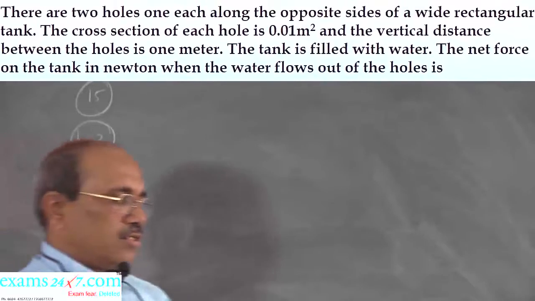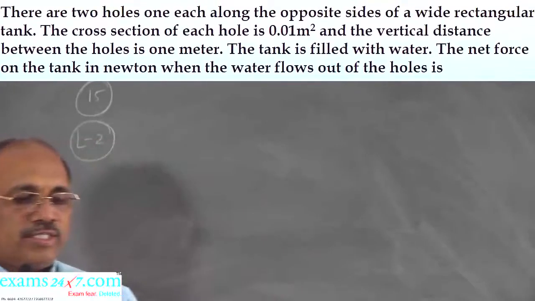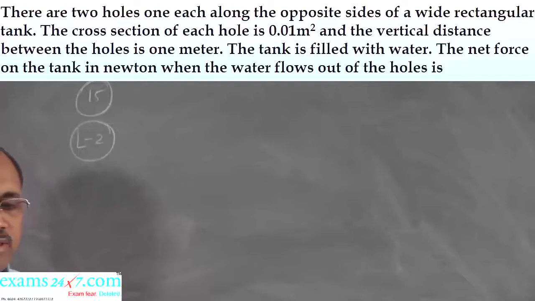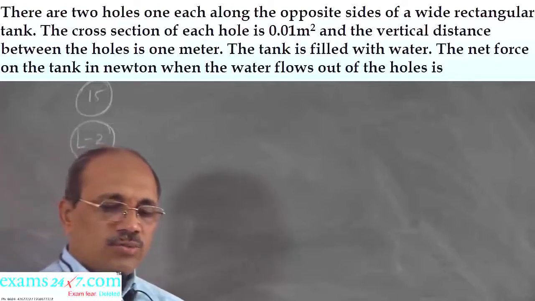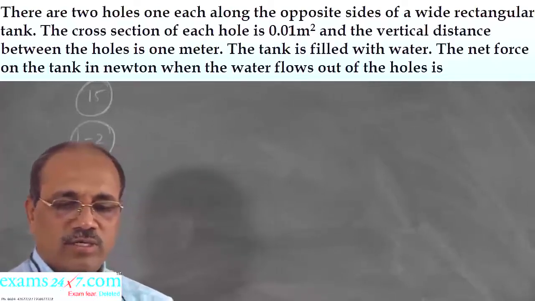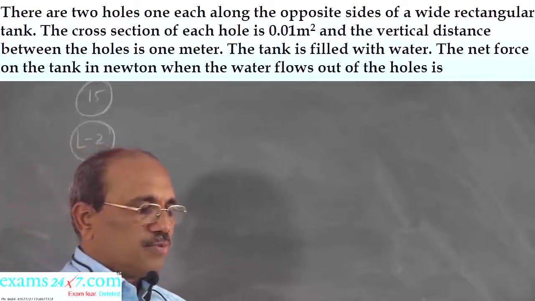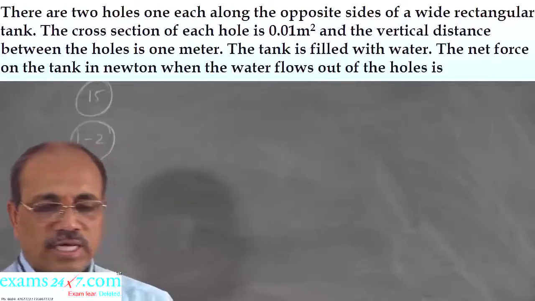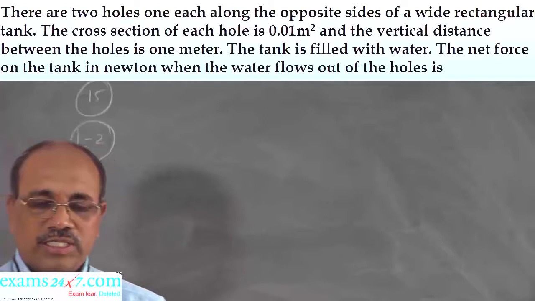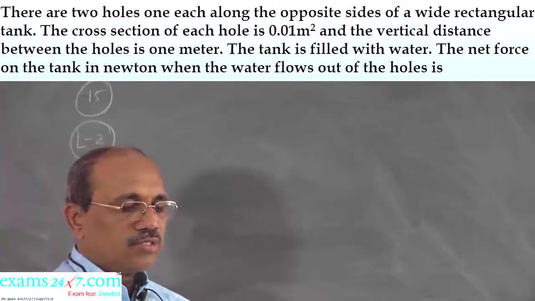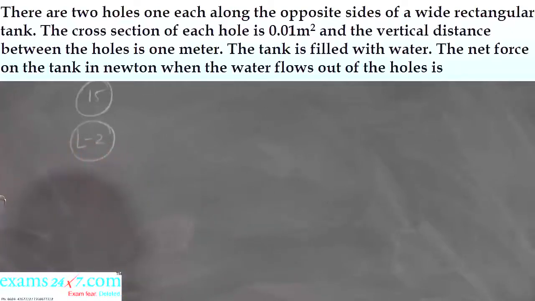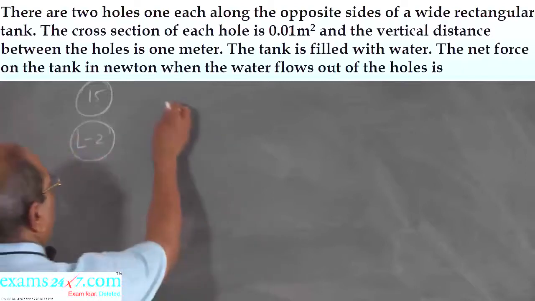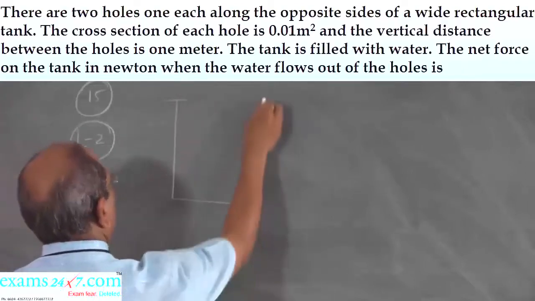There are two holes, one each along the opposite sides of a wide rectangular tank. The cross section of each hole is 0.01 meter square and the vertical distance between the holes is 1 meter. Tank is filled with water. The net force on the tank in Newton when the water flows out of the holes is.